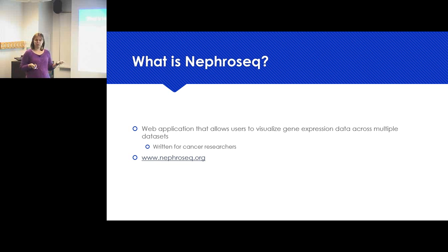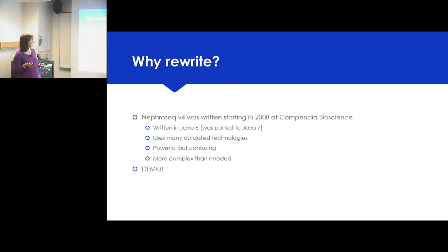Nephroseq version 4 was originally written for cancer researchers. And in a minute, we're going to go out to nephroseq.org and take a look at it. But it was written in around 2008, when we started at Compendia Bioscience, and that was actually a spin out from U of M. It was written in Java 6. It has since been ported to Java 7, but it was basically just recompiled in Java 7.